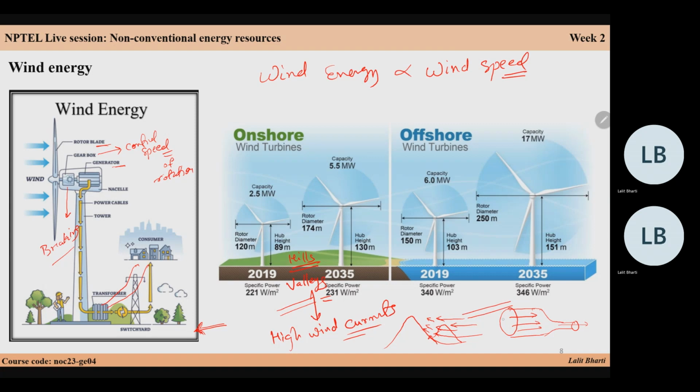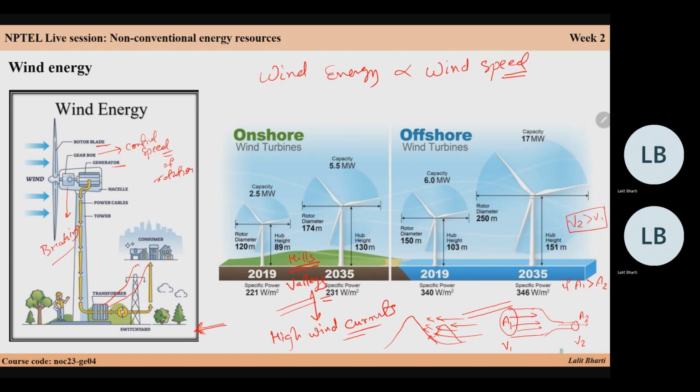If this is A1 and this is A2, and A1 is higher than A2, and the wind speed is V1 here and V2 there, then V2 will be higher than V1. Through this, we can understand the reason for placing wind turbines at hills and valleys.